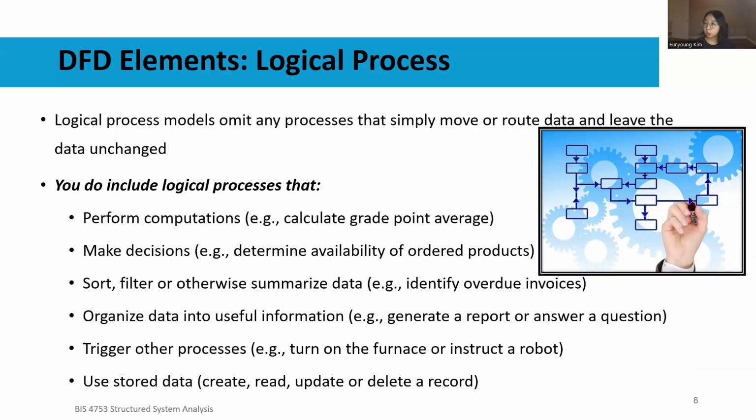So what kind of activity could you define as a process? Here you can refer to a very typical activity that a business process includes to achieve the goal. And also when you design your deliverable two, you might consider this specific list of actions to define your process model. For example, perform computation like calculating grade point average or the cumulative GPA, something like that. And also make decisions.